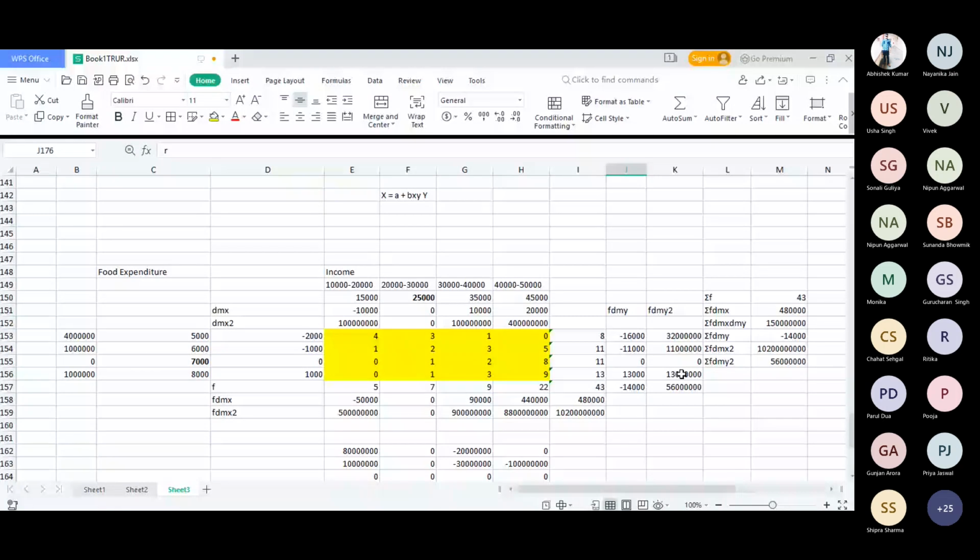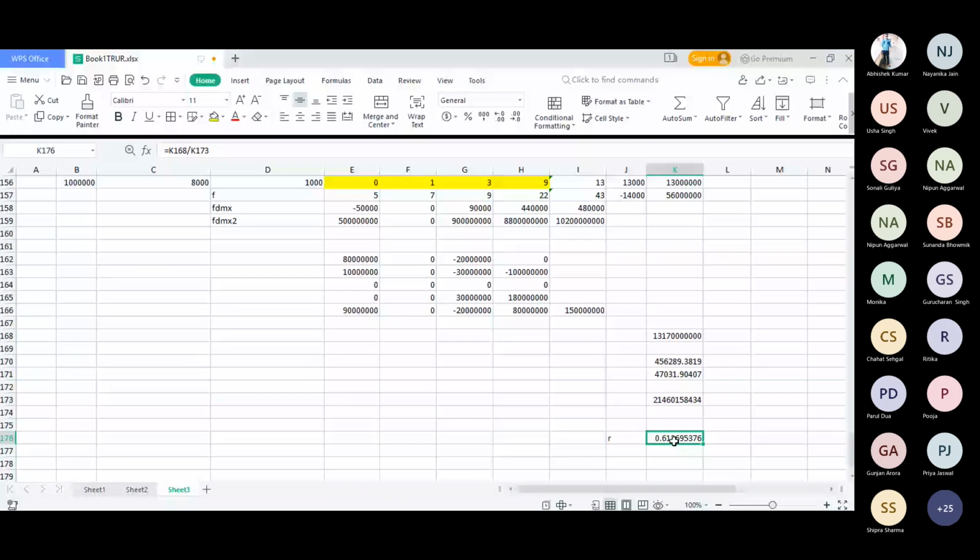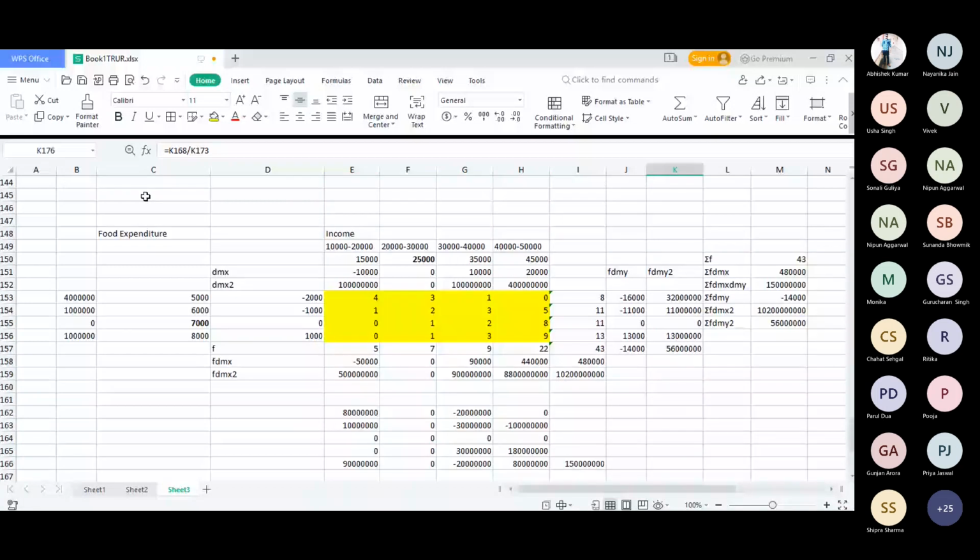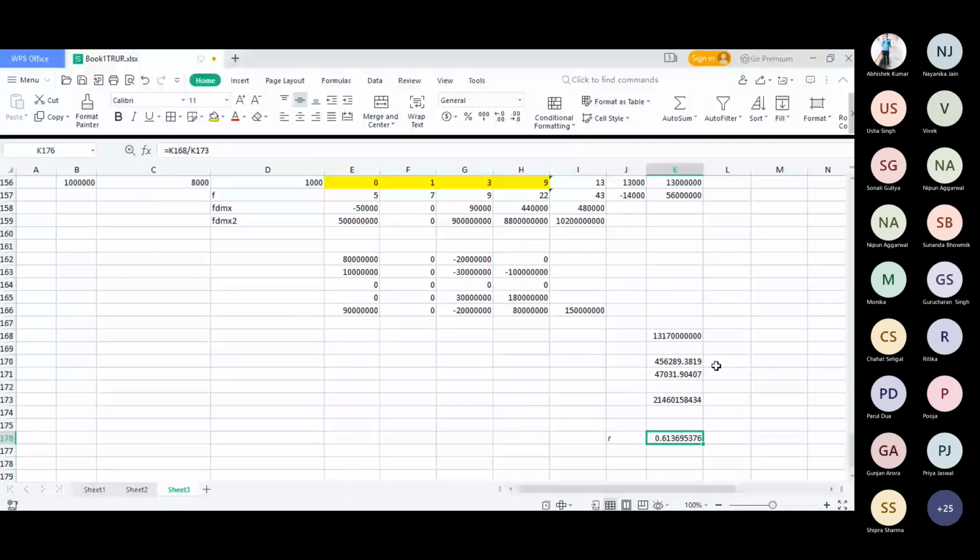That can be known by regression, not by correlation. But the thing is, it is showing a positive correlation between the two variables, food expenditure and income. Clear? One second.